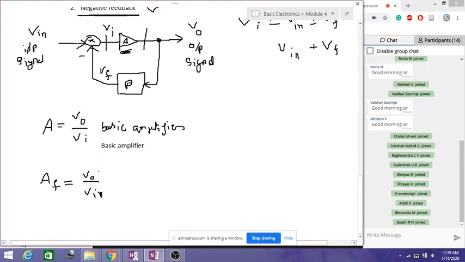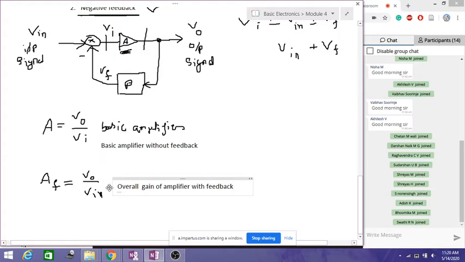Here we are considering the overall gain of the amplifier with feedback, whereas A is the gain of the base amplifier without feedback, and Af is the overall gain of the amplifier with feedback.